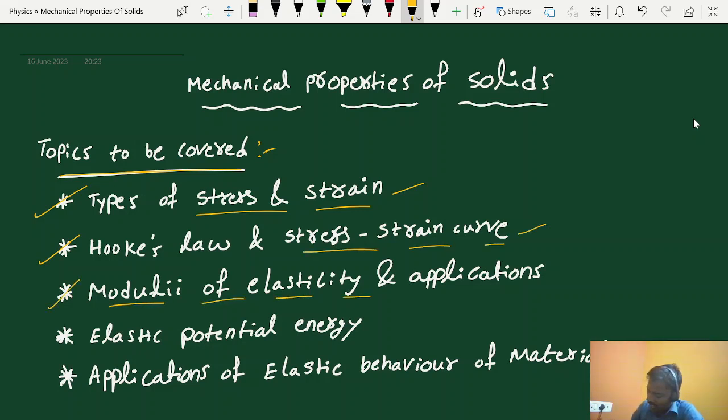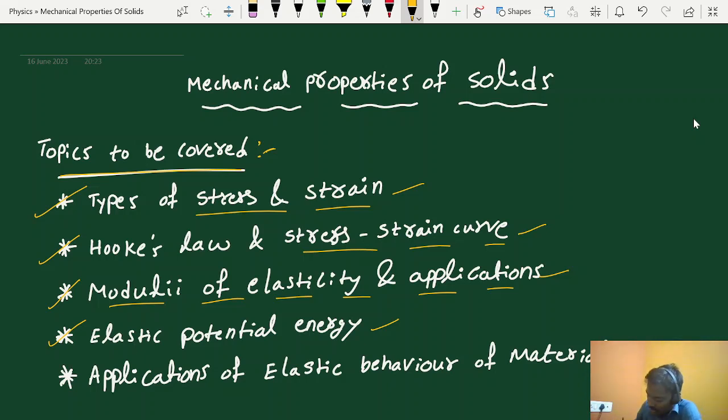moduli of elasticity and applications of moduli of elasticity such as Young's modulus and applications, bulk modulus and applications, rigidity modulus and applications. And then next is about elastic potential energy.